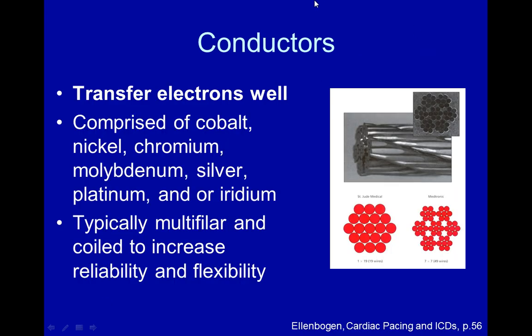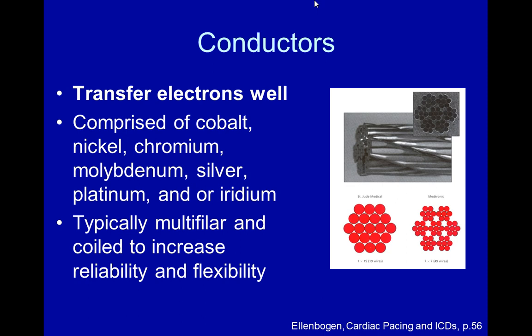Now, the conductors, the major concept behind conductors is that they all transfer electrons well. So the battery creates the electrons, and then the electrons have to get out to the myocardium, and the way they do that is to travel through different types of metals, whether it's cobalt, nickel, chromium, molybdenum, silver, platinum, etc. These conductors bring the electrons to the myocardium.